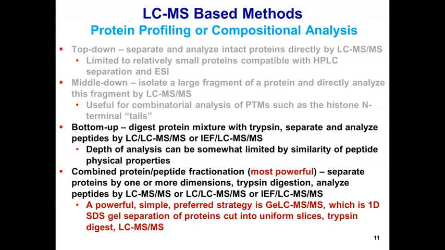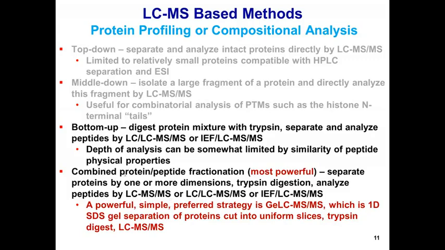Hence, combining protein and peptide fractionation is the most powerful approach for achieving maximum depth of analysis. Basically, we separate proteins using one or more fractionation methods. We then trypsinize these individual fractions and then analyze the peptides by LC-MS or, less commonly, LC-LC-MS.